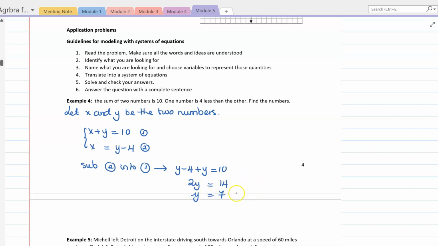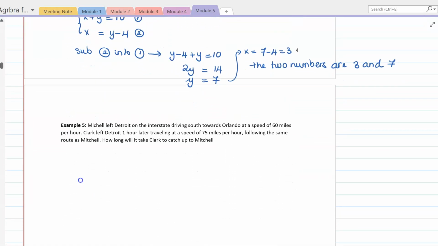Now that I get y equals 7, I can solve for x. x equals 7 minus 4, that is 3. So the two numbers are 3 and 7. Note that 3 plus 7 makes 10, and 3 is 4 less than 7.